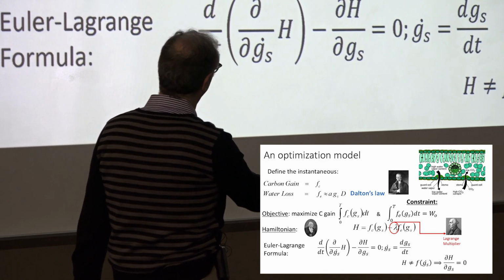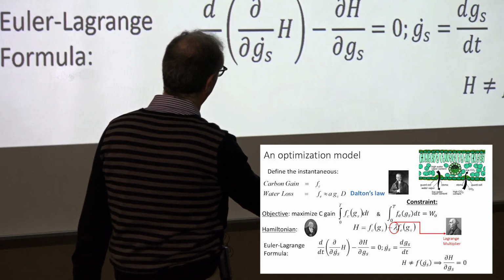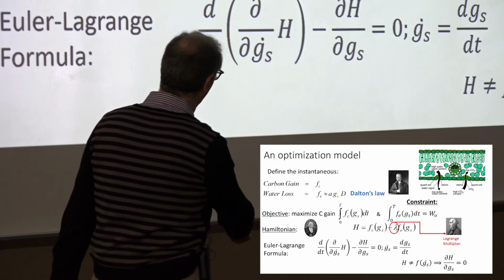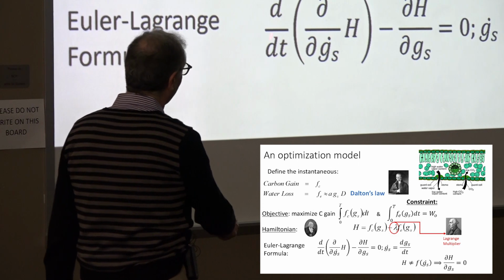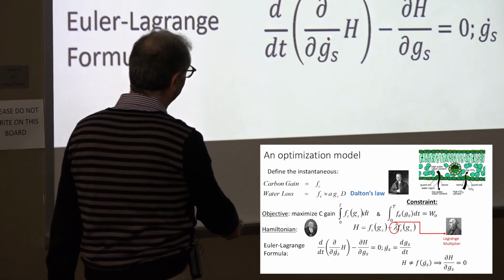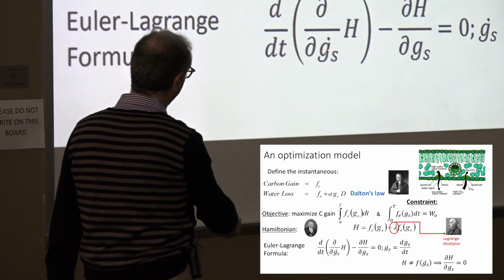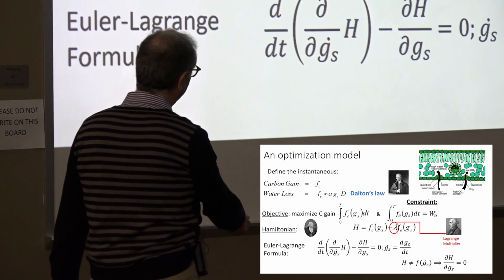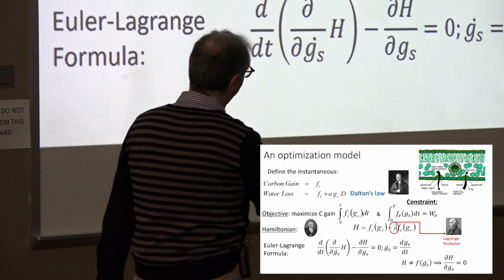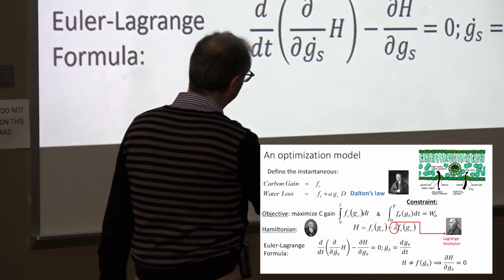Then we solve this unconstrained optimization problem using the Euler-Lagrange equation, where the time rate of change of the derivative of the Hamiltonian with respect to the control variable, here GS, which is the aperture of the stomates, minus the derivative of the Hamiltonian with respect to the conductance.